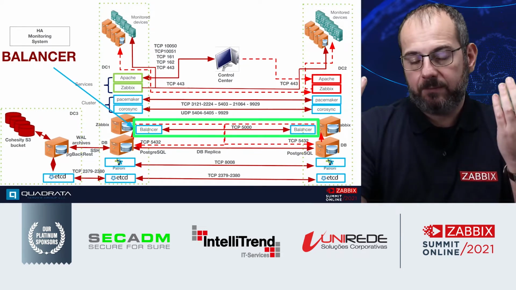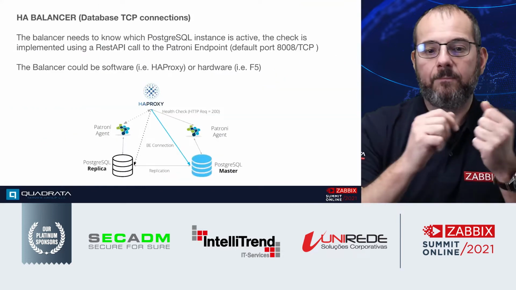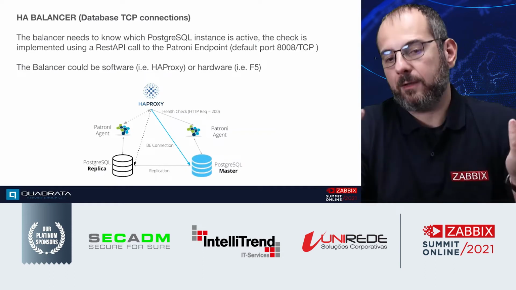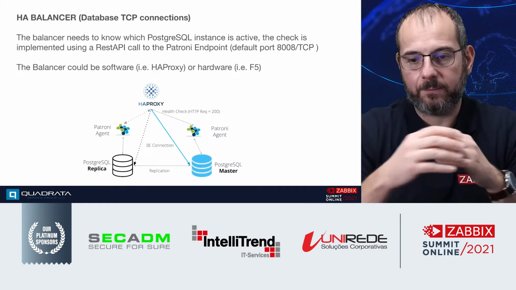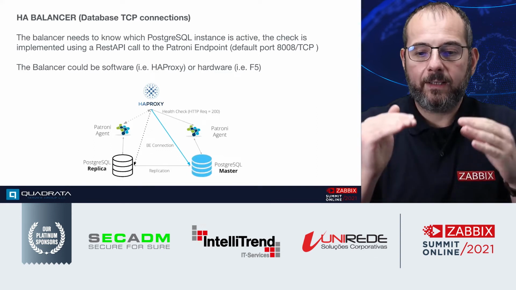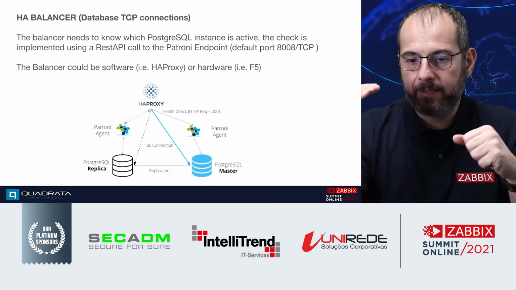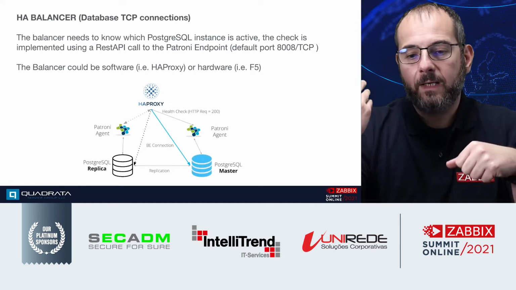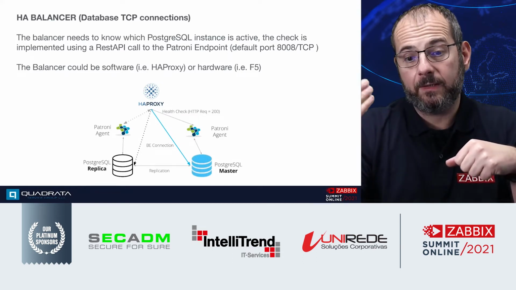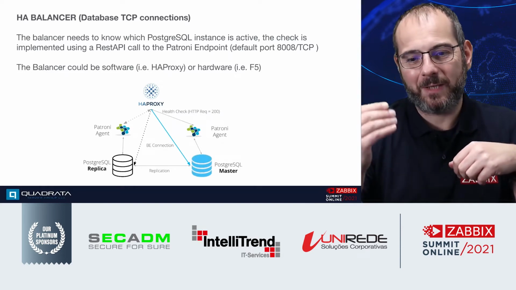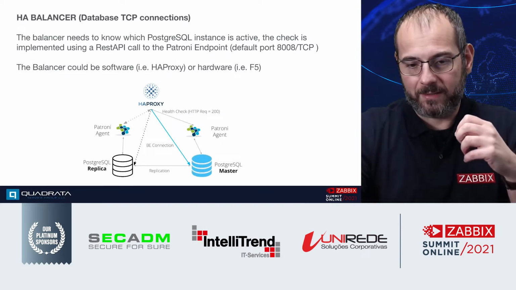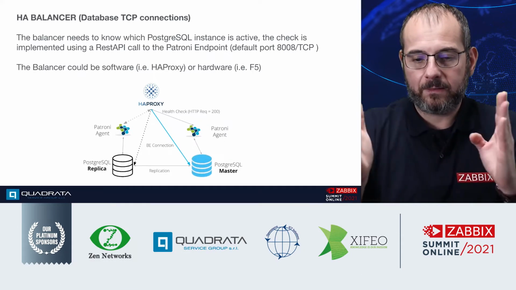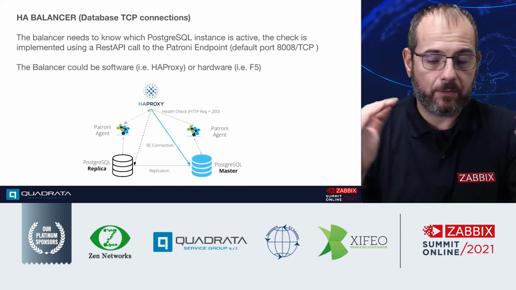Using this endpoint, and for instance using HAProxy or other hardware proxy, for example F5, we can health check the endpoint exposed by Patroni for the HTTP response equal to 200. In that way, we can understand who is the master node in our cluster.